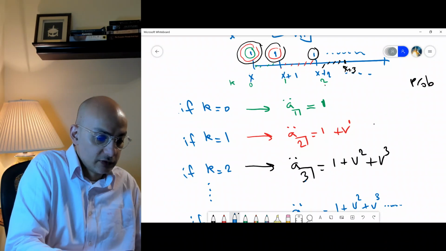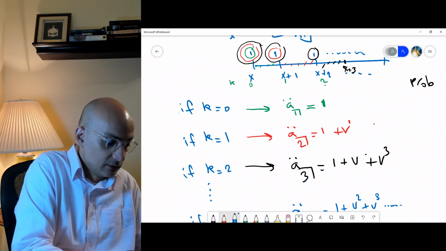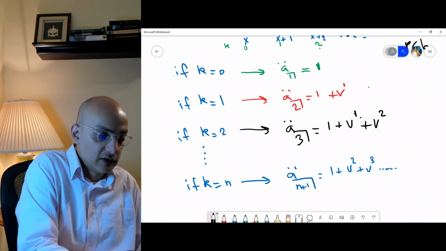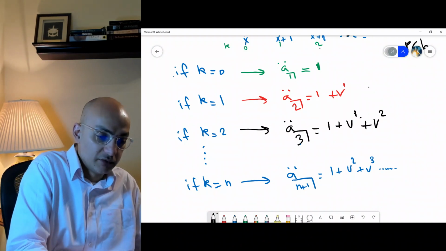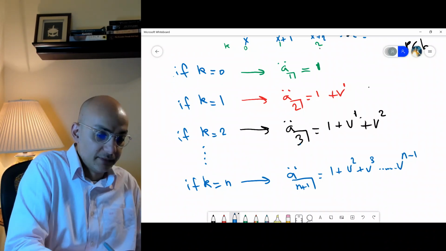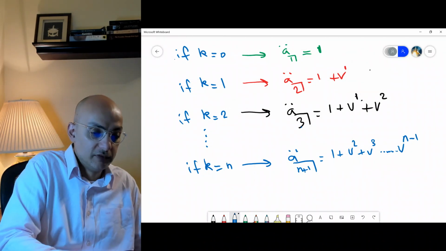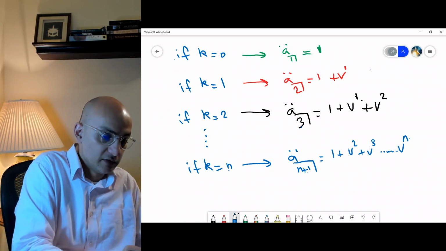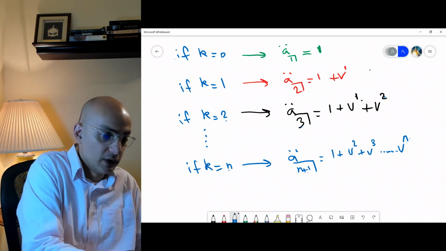Sorry, I made a mistake here. This one should be 1, and this one should be 2. If you see the pattern here, you see 1, v0, then 2, 1, and v1. The last term will be vn, because here you have a plus 1, and this n goes with this one.